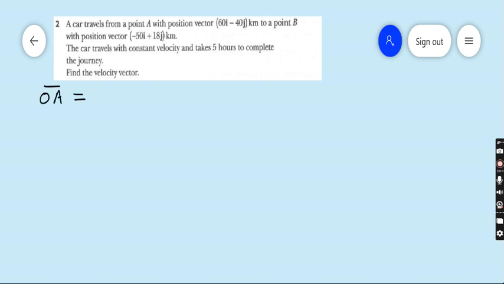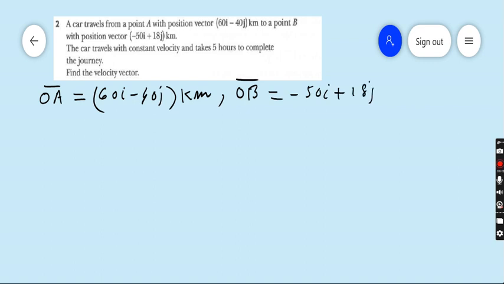Position means relative to the origin. It travels to a point B with position vector, so we can say OB, minus 50i plus 18j kilometers.